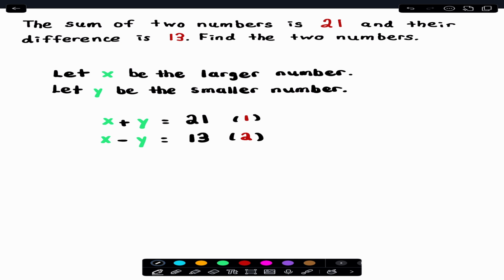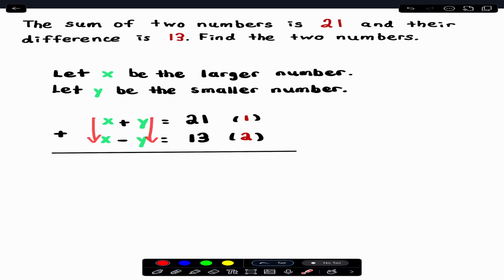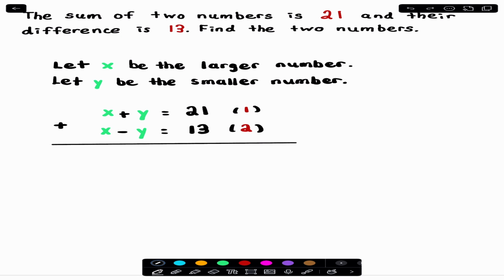Hopefully you'll remember how to do this. This one is screaming elimination, because we can set things up very nicely like this and just add the two equations up. Since everything is lined up very nicely, remember, line up your x's, your y's, and your constants. X plus x, that's 2x.